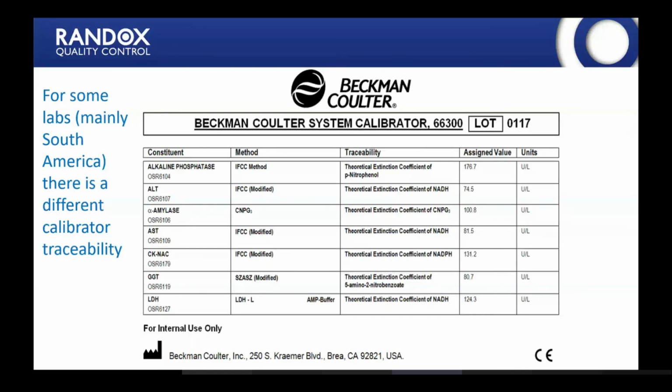So it's the same calibrator, same lot, but there's different traceability provided depending on where you are in the world. So this is once again one of the reasons why you'll see some of these things coming up in our classifications.